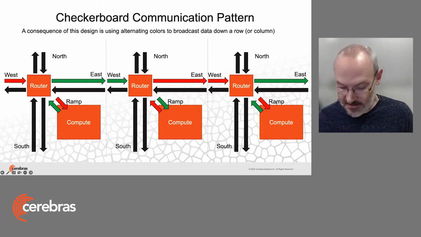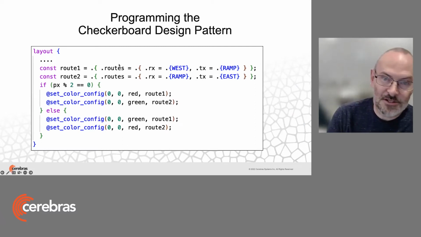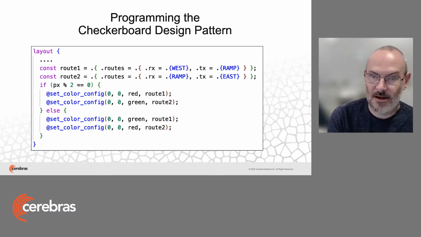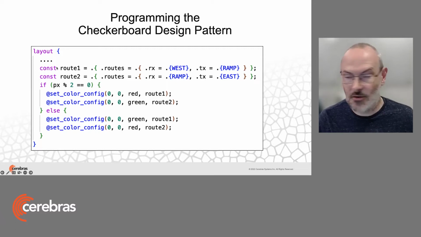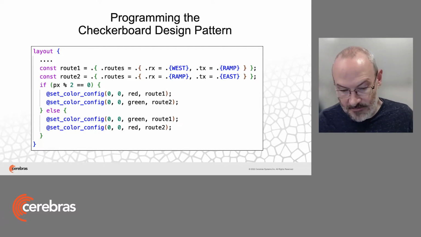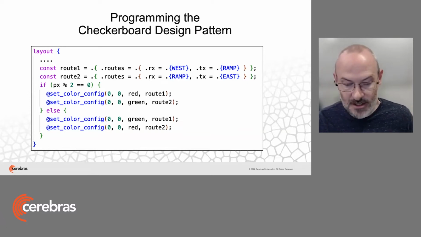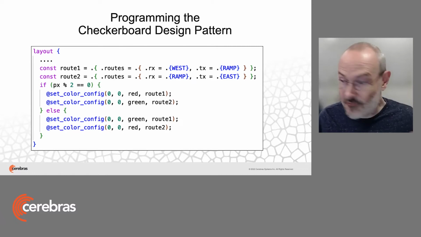So how would we express this in CSL? Here's an example of programming this particular design pattern. CSL lets you have compute time structures. The way I think of it is CSL runs 3 times.